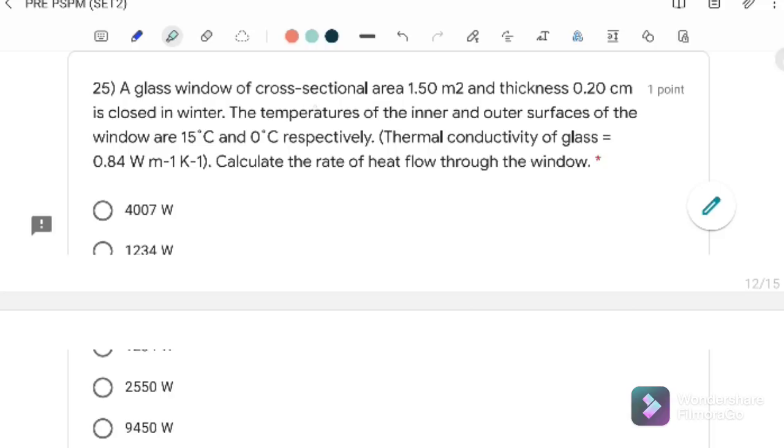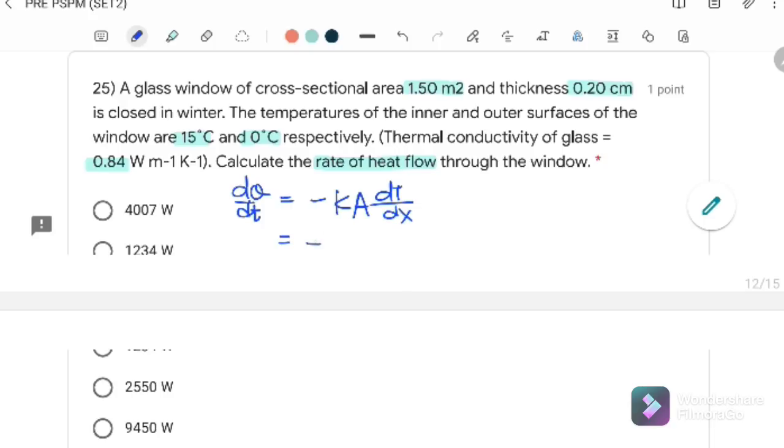Now we have a glass window with cross-section area 1.5 and thickness 0.2 cm. The temperature of the inner and outer surface is 15 degrees Celsius and 0 degrees Celsius, and they give you the thermal conductivity 0.84. Now we want to find the rate of heat flow, meaning that we want to find dQ over dt, and the equation is equal to negative K A dT over dx.